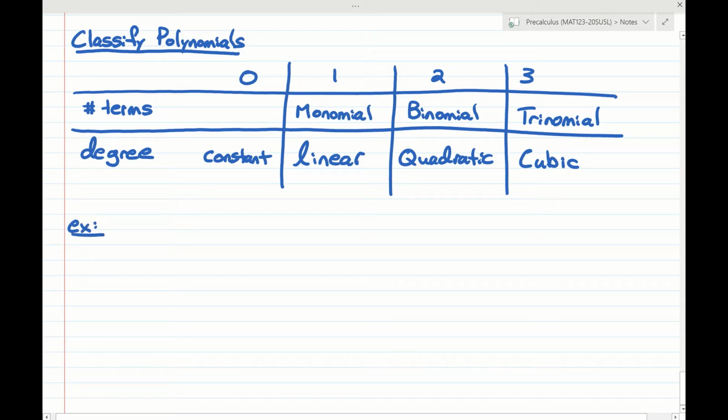So what if we just had the number 2? Or we could even just write that as 2x to the 0 power. Because we know x to the 0 is 1, right? So 2 is really x to the 0 power. Now, there's one term, right? 2 just by itself is called a monomial.